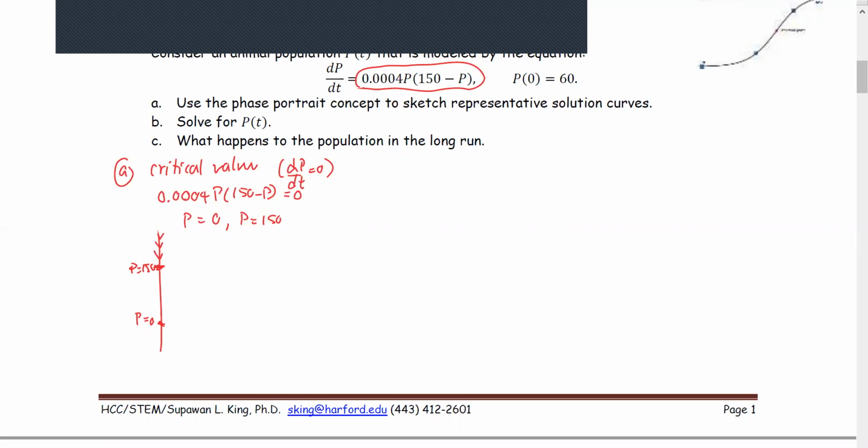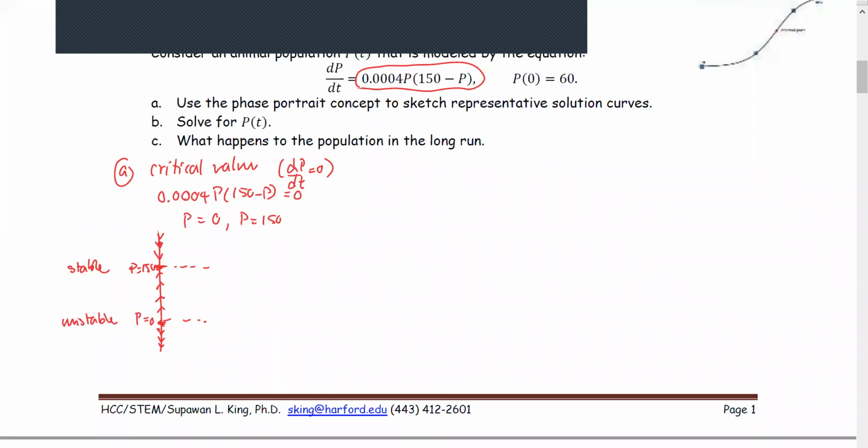For P between 0 and 150, dP/dt is positive, so we have the arrow going up. For P less than 0, dP/dt is negative, so the arrow goes down. This tells you P at 150 is stable, and P at 0 is unstable.